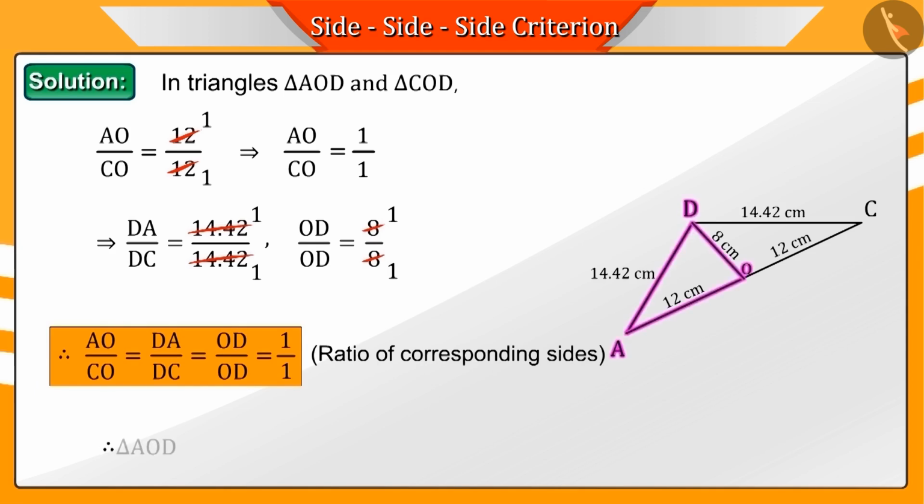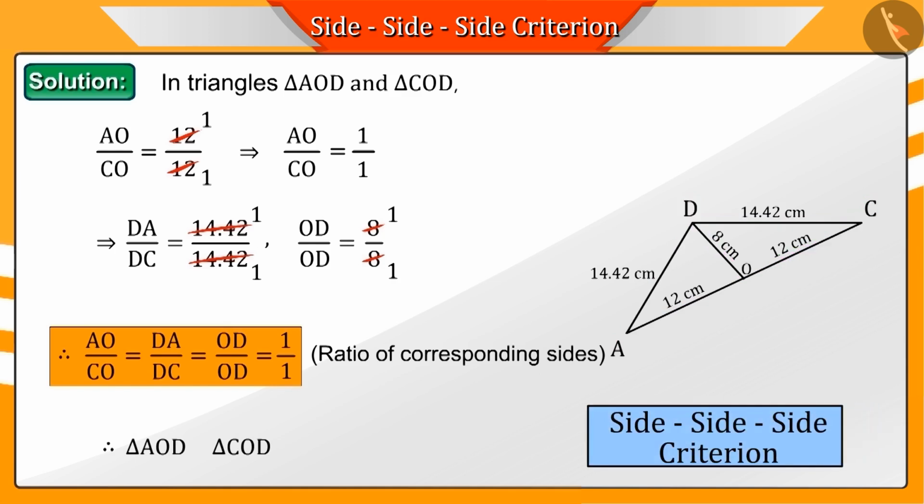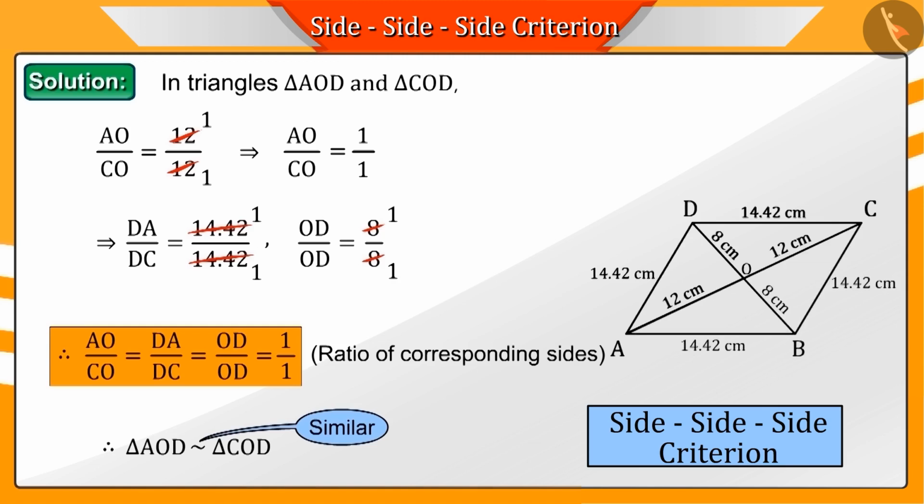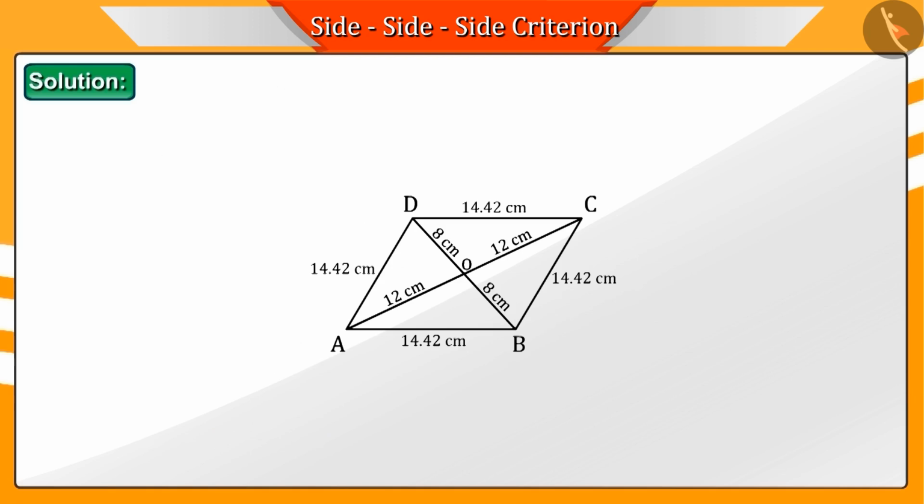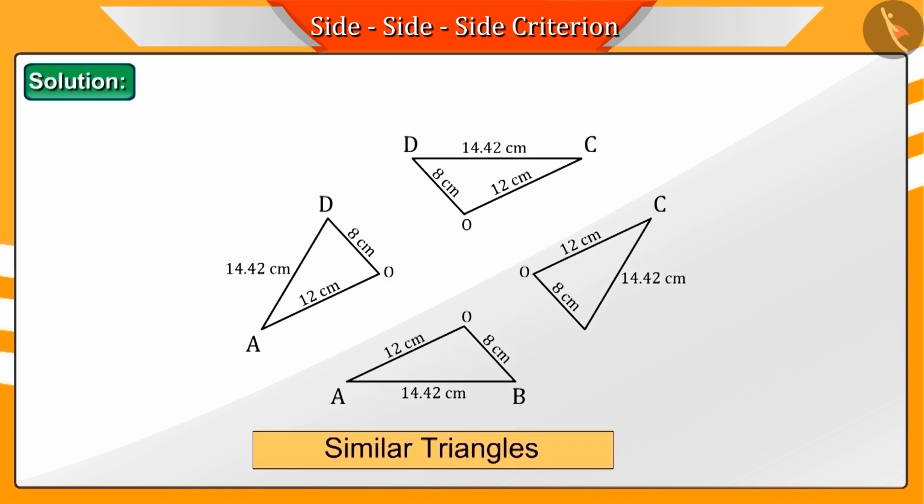Hence, you can see that the triangle AOD and triangle COD are also similar by the SSS criteria. This way, we can test the similarity of any two triangles in this rhombus. And we can say that all the four triangles, triangle AOB, triangle COB, triangle COD, and triangle AOD are similar.